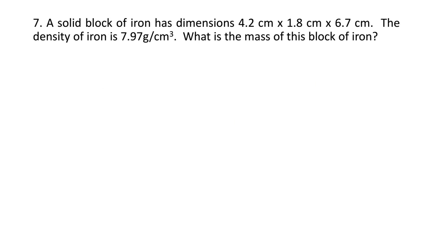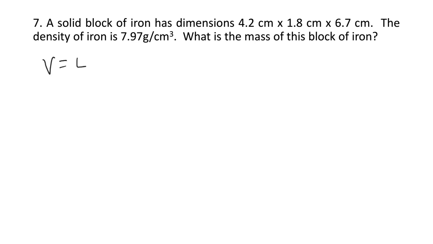Okay, a solid block of iron has dimensions 4.2 centimeters by 1.8 centimeters by 6.7 centimeters. The density of iron is 7.97 grams per centimeter cubed. What is the mass? Well, we have the density, but I don't see a volume. Well, there is kind of a volume.